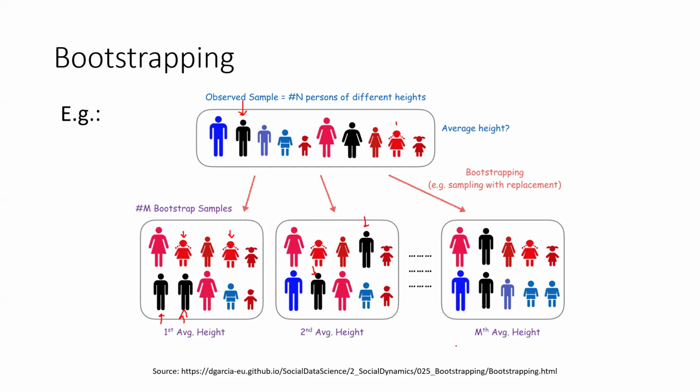In this way, you can have many bootstrap data sets, and each of these data sets can be used for training a different machine learning model, in this case a decision tree, and we can make an ensemble model, right?